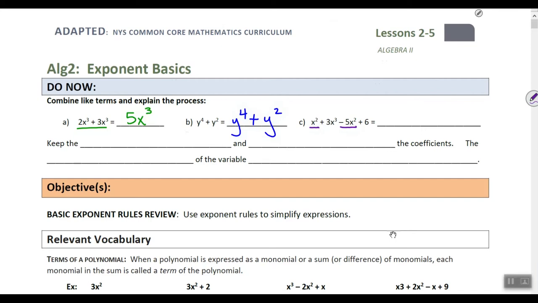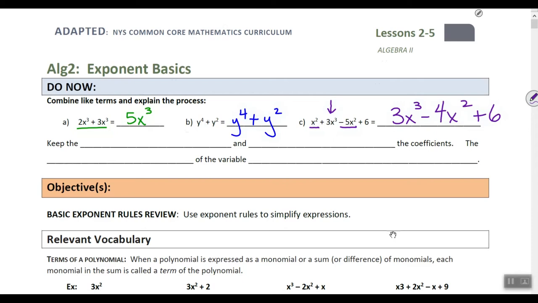Okay, and I'll write these in standard form, meaning in descending order of the exponents, which means this term has to go first. 3x cubed and then x squared. So if I have x squared and I take away 5x squares, then I'm left with how many x squares? Well, I have 1, take away 5, I have negative 4x squares plus 6.